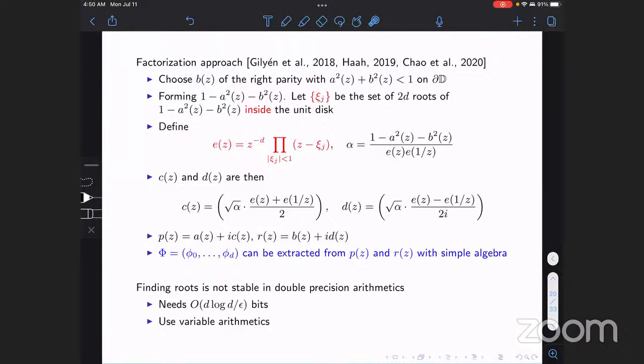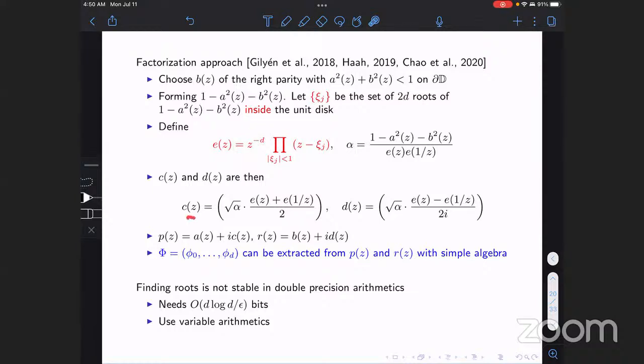Once we have E and alpha, the c and d functions can be written down analytically by this formula. There's a lot of algebra that goes into the derivation of these formulas, which unfortunately I don't have time to go into. But the point I want to highlight is that this is a pretty mechanical procedure that leads you to the phase factors.